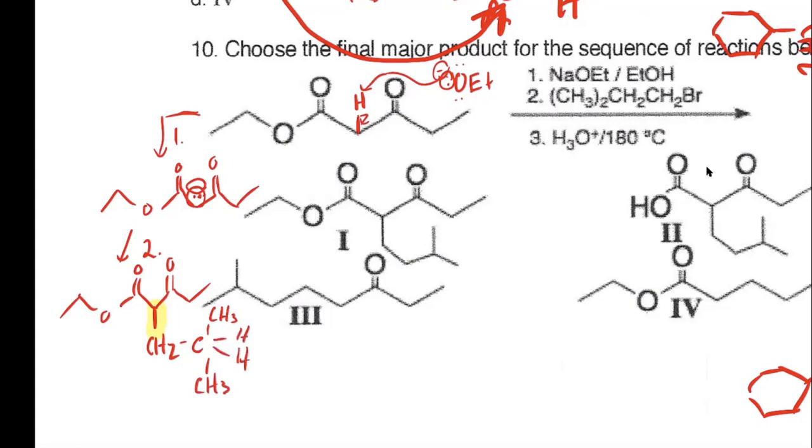Kim, are you there? Do you see what I'm talking about? Yeah. That could be a typo. We'll go to the answer choices and see what's going on with the answer choices.